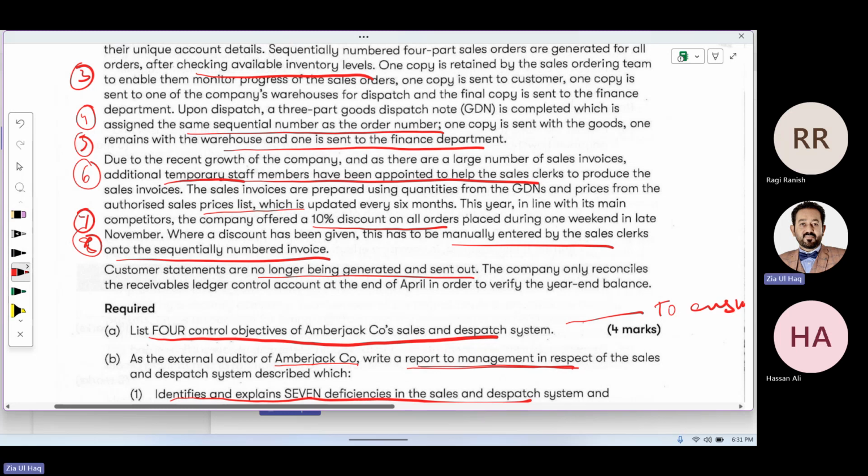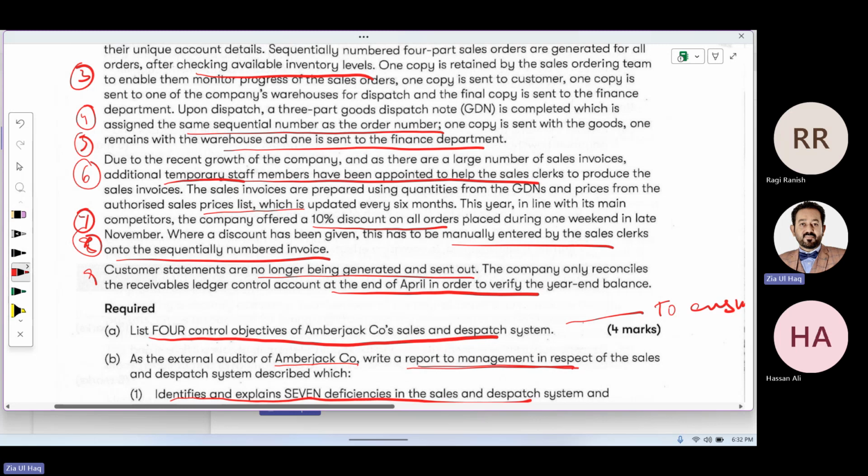The company only reconciles the receivable ledger control account at the end of April in order to verify the year-end balances. Mean you are reconciling the receivable ledger with the control account, but once a year, end of April. If during the year you are not reconciling, there could be differences, there could be posting errors that have not been adjusted.